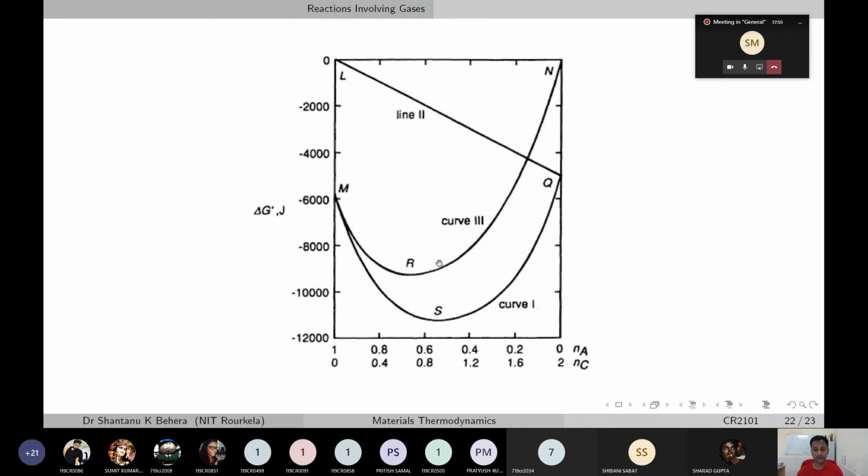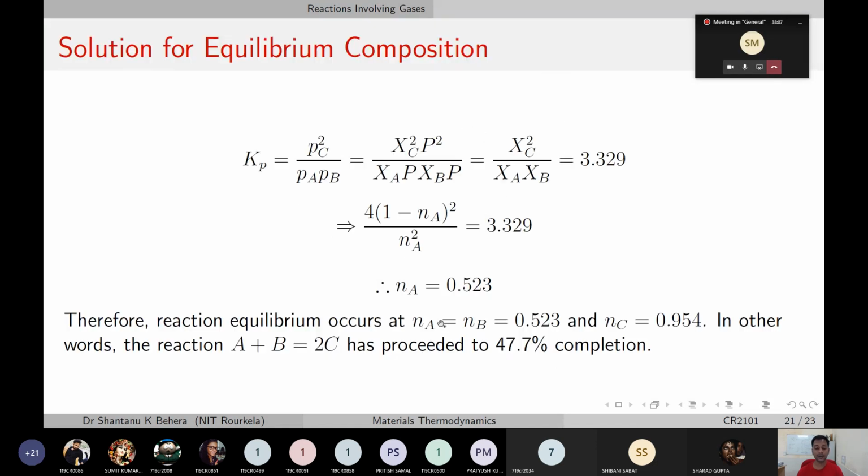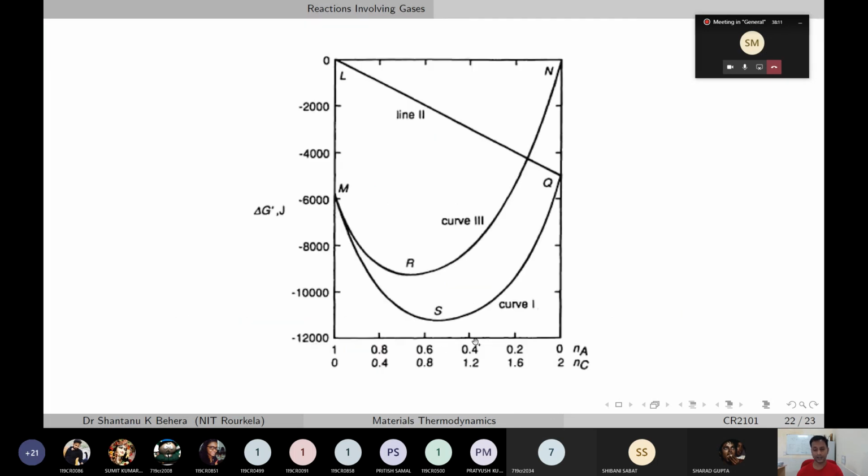So you add up these two, and you see that the equilibrium, because of this contribution, shifts slightly to the right, and this point S is the eventual equilibrium, where we figured out that Na is 0.523.